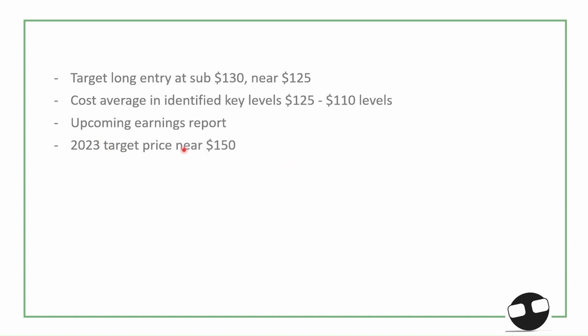And some results that would affect our perspective is the upcoming report on earnings. Nevertheless, the target price of Mabuhay Fund for Apple in 2023 is near 150 per share.